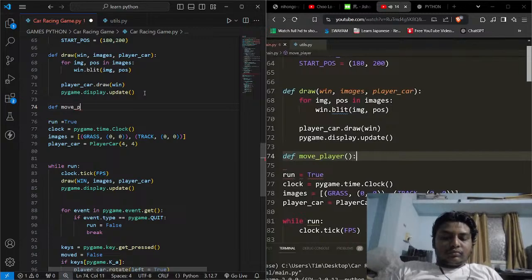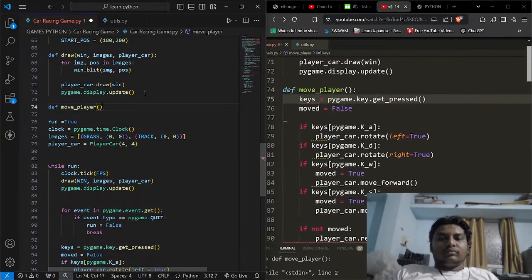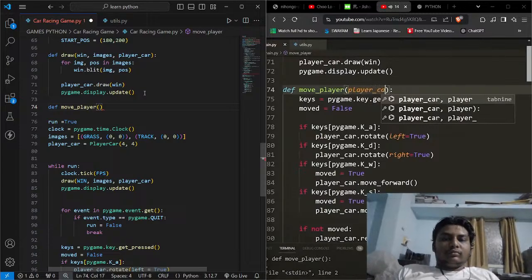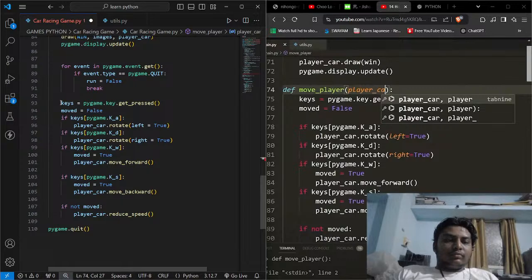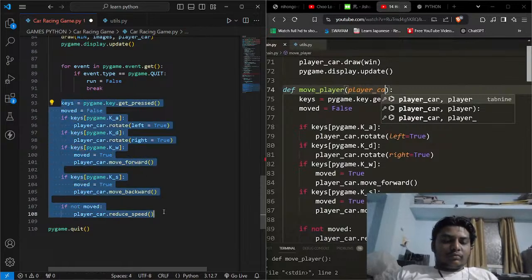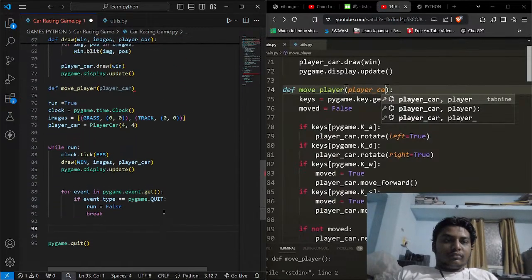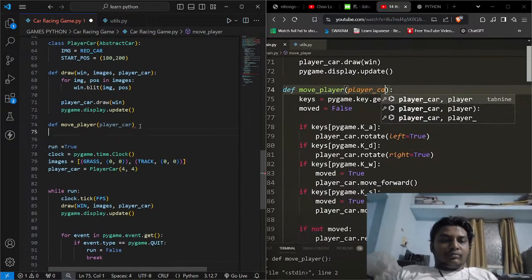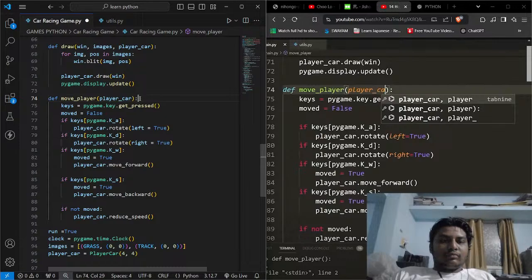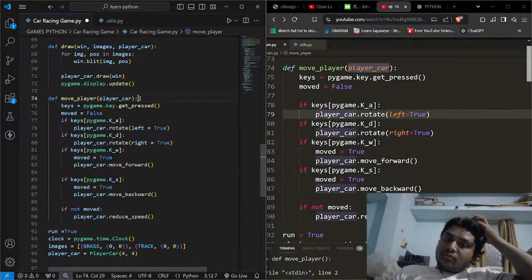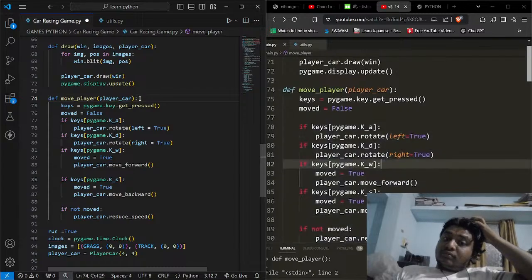Now inside of here, we will just take the player car. So we'll say player_car like that, and then we can perform all of this stuff simply using player_car.